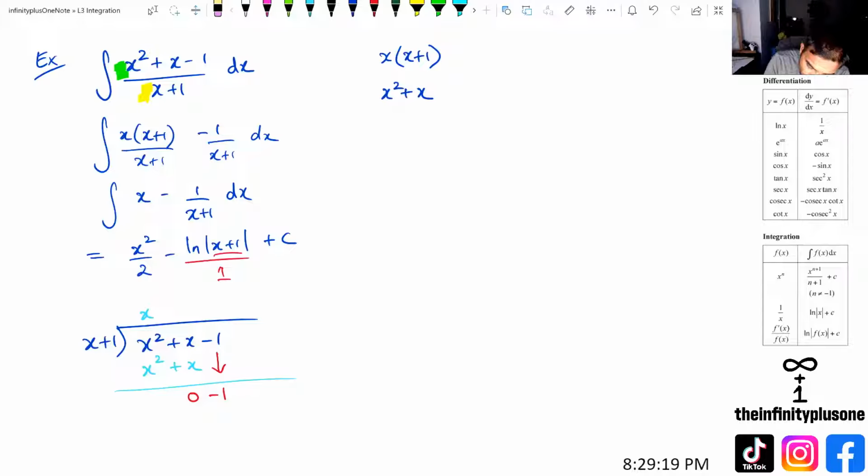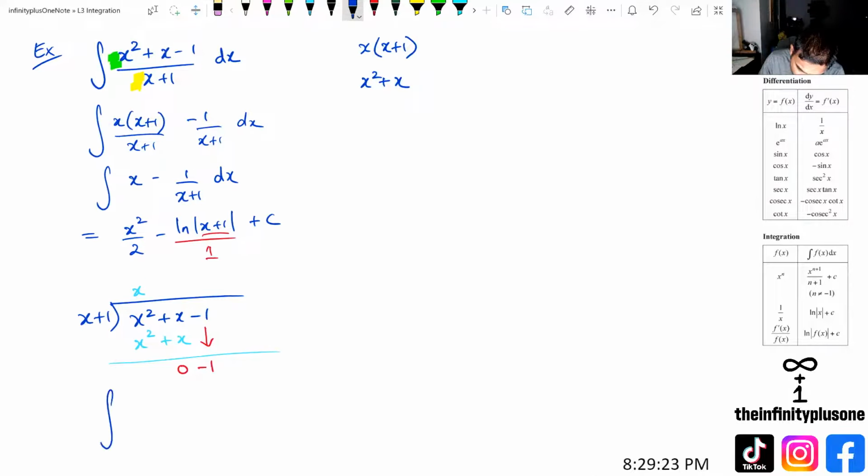So we can rewrite this now as the integral of x plus negative 1 over x plus 1 dx. All right. What did I forget? Did I forget x squared over 2? No, I didn't. X squared over 2, star. All right, that's yours, boss.